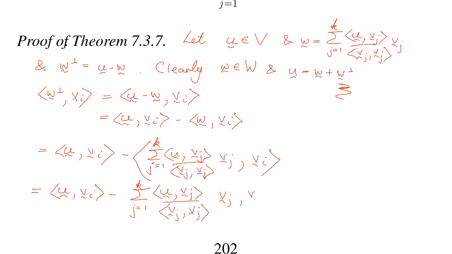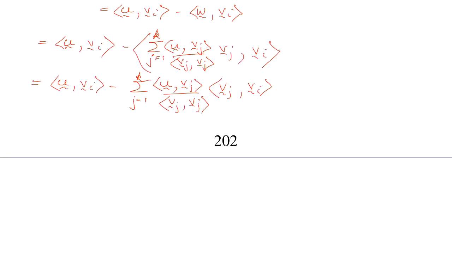What I'm left with is the inner product of Vj and Vi. But fourth or fifth time, I've lost count now. What's the inner product of Vi and Vj? Well, it's 0 if j equals anything other than i. So the only term in this sum that actually gives you anything other than 0 is when j equals i. And what does the j equals i term look like? It looks like this.